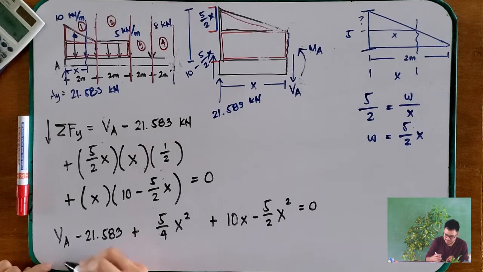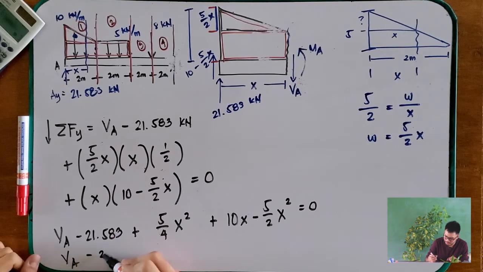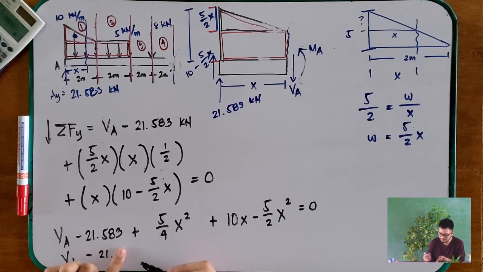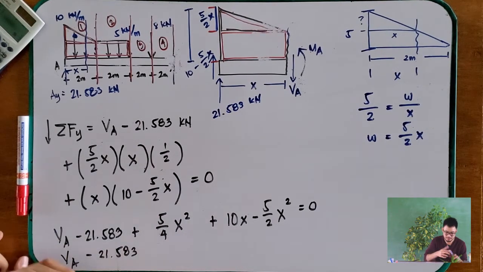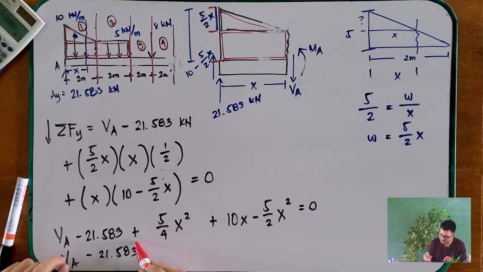Hindi na ako mag-fraction. So, to simplify this one further, that is VA is equal minus 21.583. So, kani sila masimplify man nimo.